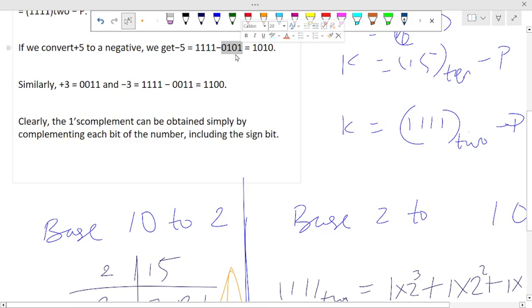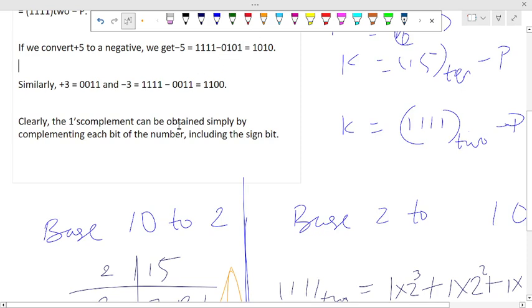Take the complement, as in the opposite of each one. Where you have 1, change it to 0. Where you have 0, change it to 1. Where you have 1, change it to 0. Where you have 0, change it to 1. Perfect.